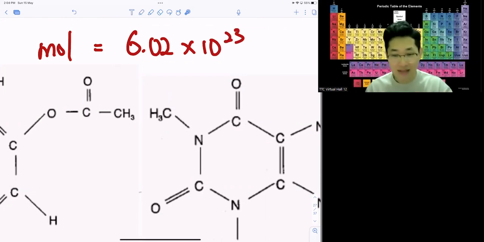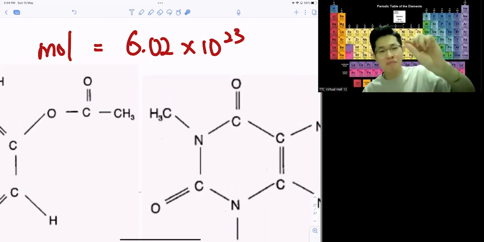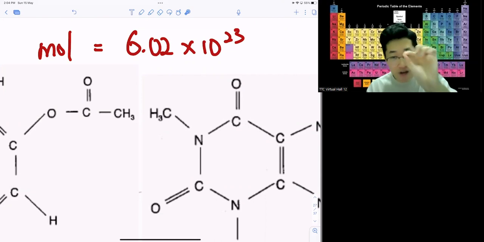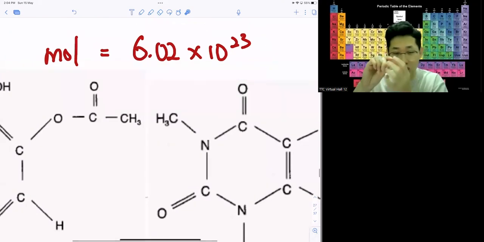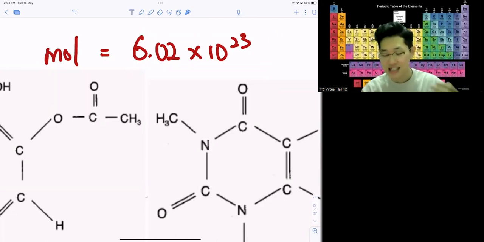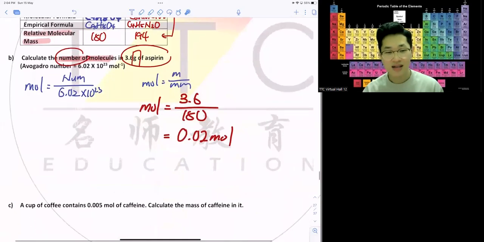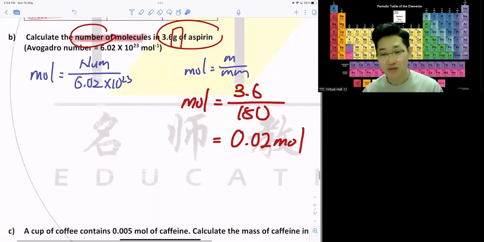Avogadro is the guy who found out that in 1 mole of substance, maybe a pinch, a bit of the substance will already have 6.02 times 10 to the power of 23 particles inside. So he named this number using his own name, Avogadro's constant. So Avogadro is 6.02.